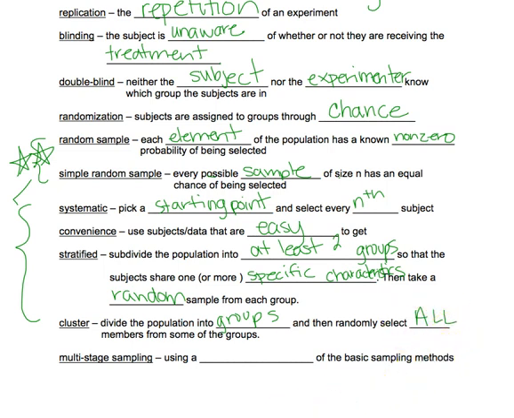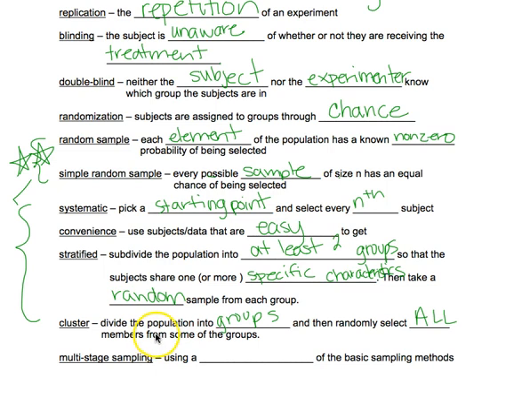So let's just pretend that there were 24 people in our class, because 24 is a multiple of 4. That makes it easy. And so if I have 24 people in our class, and let's just say that I had 6 in each grade. Of course we don't, but we're just pretending for simplicity's sake. If I have 6 freshmen, 6 sophomores, 6 juniors, 6 seniors, stratified is where I'm going to choose 2 of each.